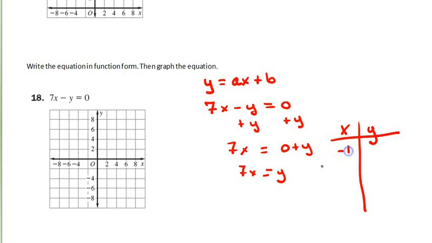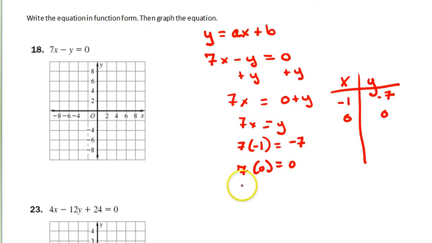If I make x negative 1, I get 7 times negative 1, which will make y negative 7. If I make x 0, that'll make y 0. And if I make x 1, that'll make y 7.